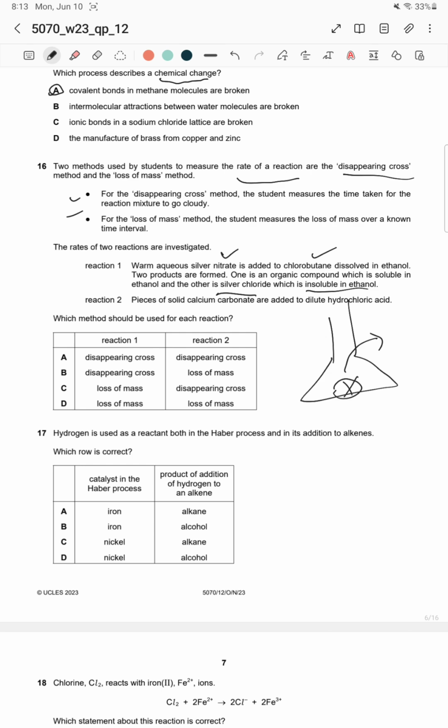Reaction 2: pieces of solid calcium carbonate are added to dilute HCl. So it will form calcium chloride, carbon dioxide and water. Calcium chloride is soluble in water. So reaction 2 will be for the loss of mass method. Now let's see which option suits us. Option B: reaction 1 disappearing cross, reaction 2 loss in mass.